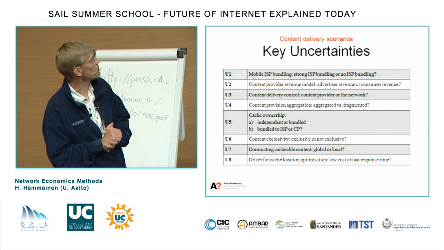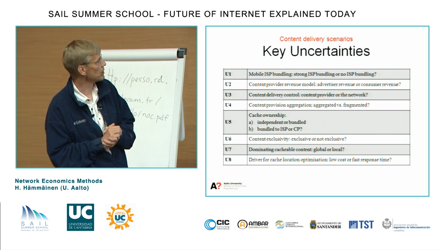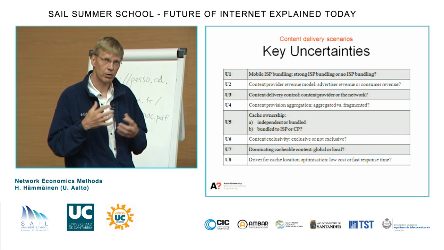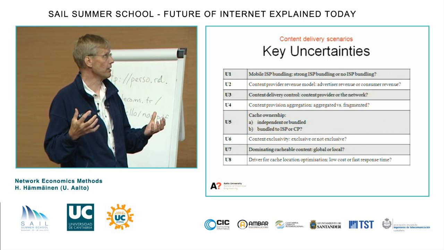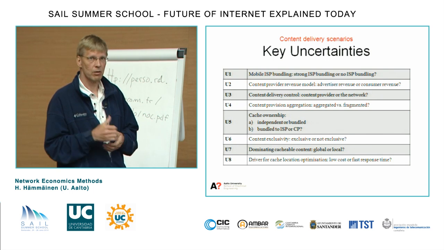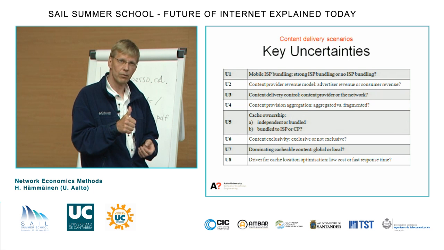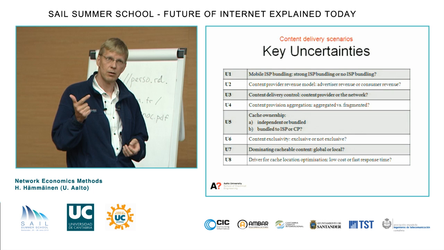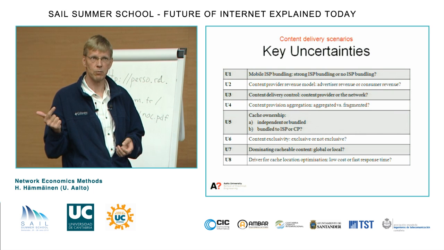You can see the first one, mobile ISP, which means mobile operator bundling, that if the operator gets enough market power, the operator can start bundling things. So you can bundle the handset with the SIM card, and you can maybe bundle something else with the SIM card.